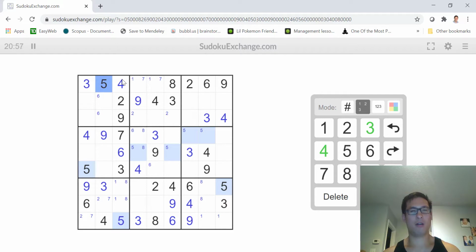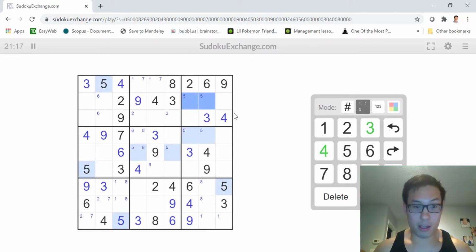Okay, and that doesn't do anything necessarily. Anyways, this 5 shows that a 5 cannot go in this row, therefore a 5 must go in this row, therefore a 5 must go into this row. And because of this 5, 5s can only go into these 2 rows. Here's one of the things that Cracking the Cryptic kind of goes over.